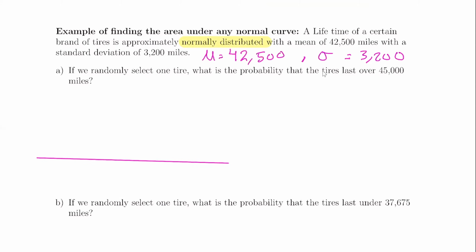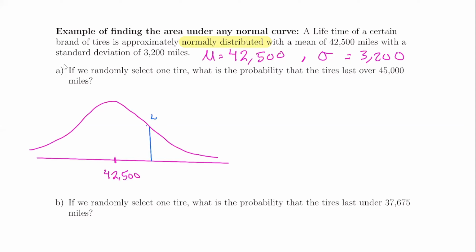So let's go ahead and draw this out. If you look at part A, it says if we randomly select one tire, what is the probability that the tire lasts over 45,000 miles? First thing we're going to do is place the mu. 45,000 is bigger than 42,500, so that means you put 45,000 to the right of mu.